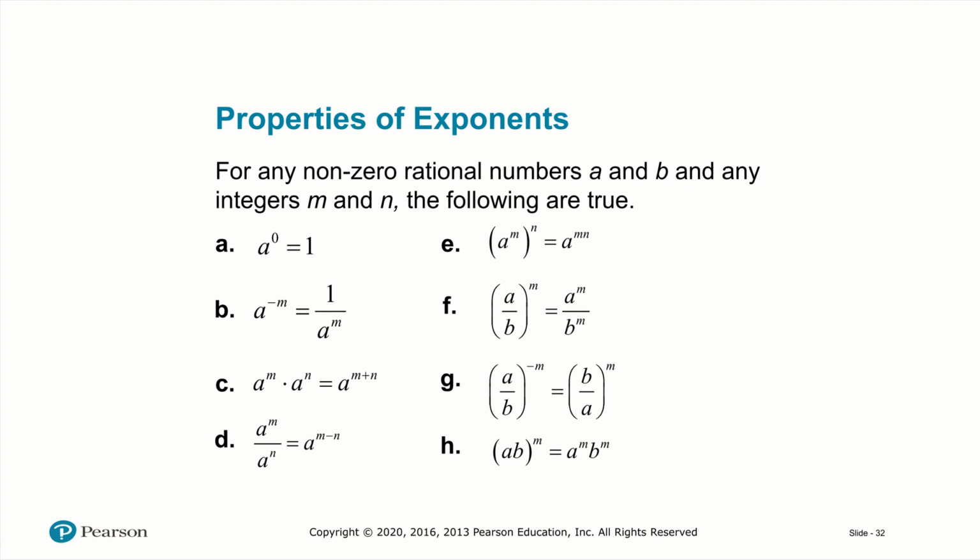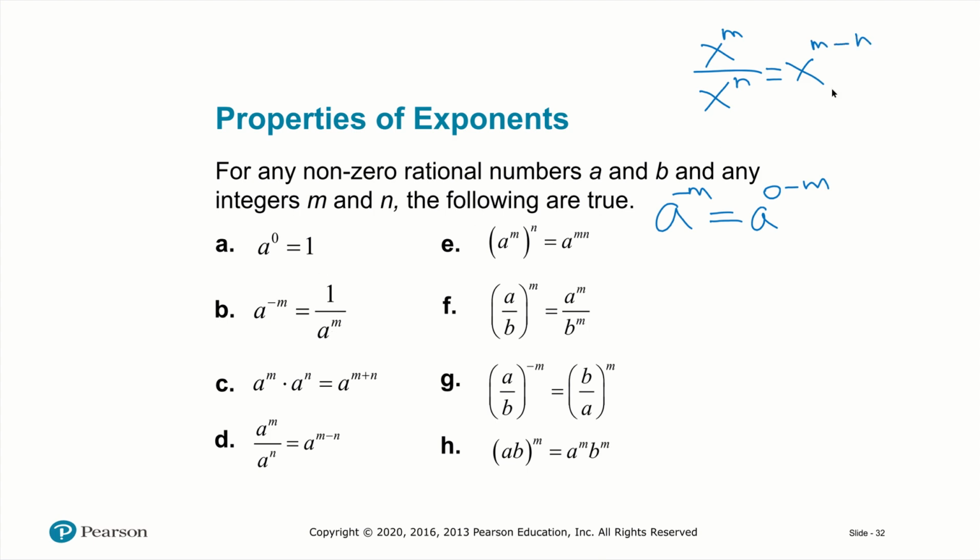You can get a quick feel for why that may be true if you think of it like this. A to the negative m you can think of as a to the 0 minus m, right? Now, if you recall, we had the quotient rule, which told us x to the m over x to the n equals x to the m minus n.